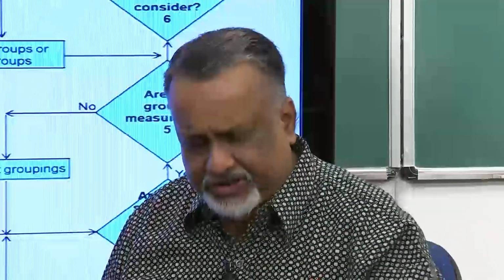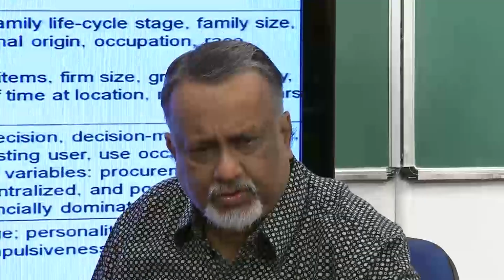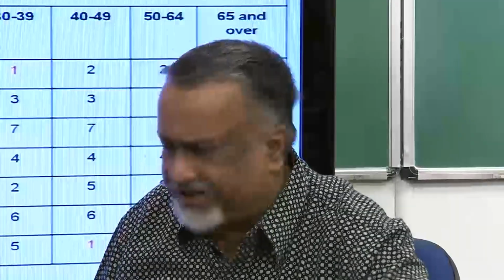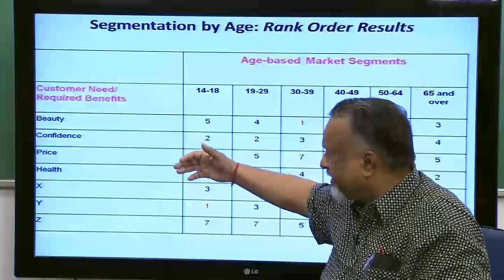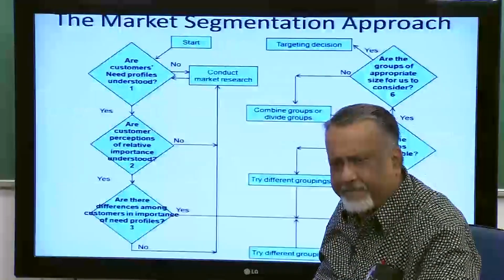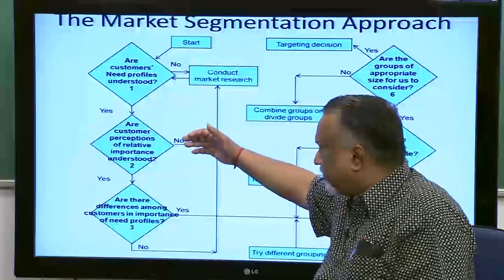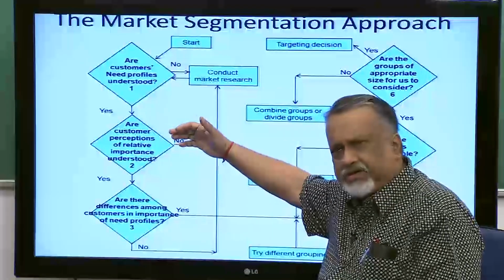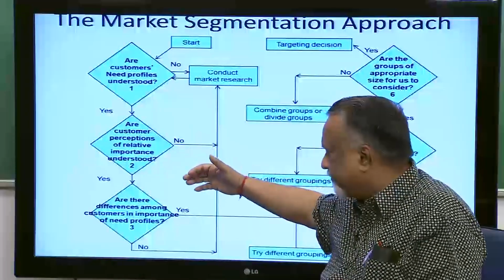That means, what are the different types of product features, going back to this slide, say beauty, confidence, price, health, X, Y, Z, which of those are most important, second most important, and so on.